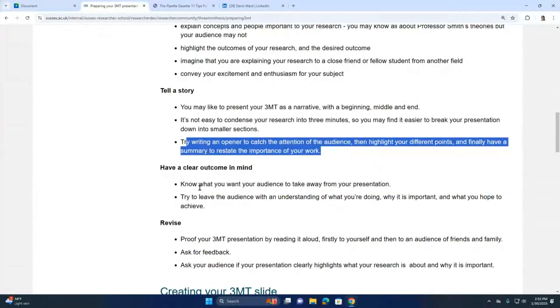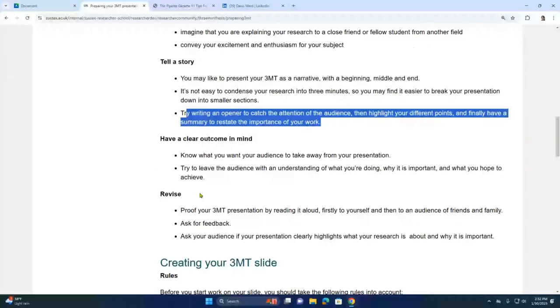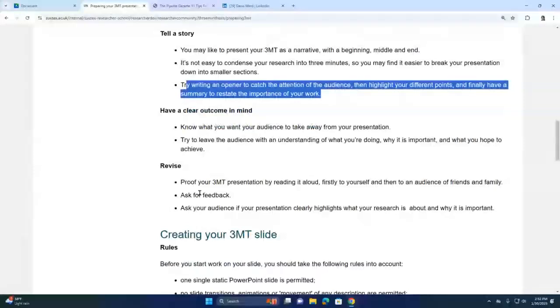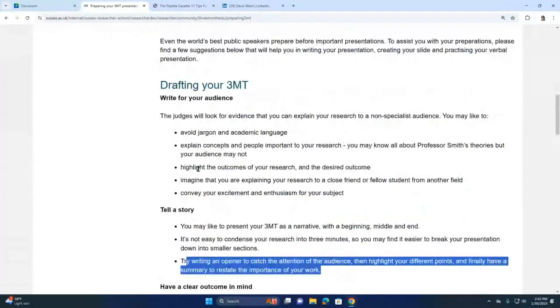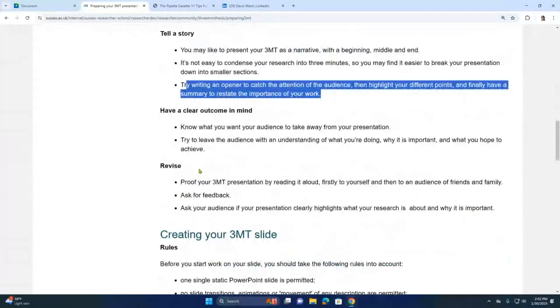And then what you are trying to do is walk them through how you're planning to achieve your objectives, what your results are, and how you feel that your work is going to contribute.